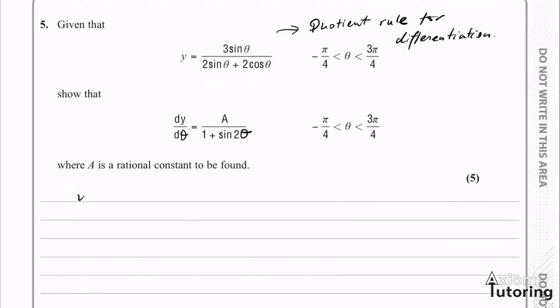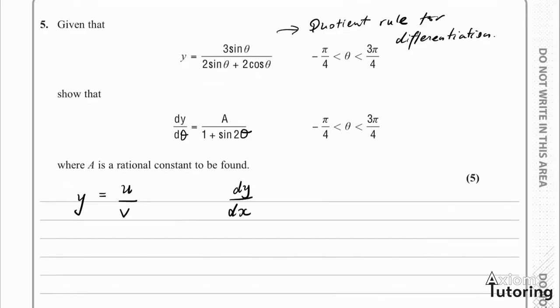If you have a function y and you can split it into two functions u and v, which are in fraction form, so that's the quotient part, we have u over v, then to differentiate that, typically we'd have it as differentiating y with respect to x.